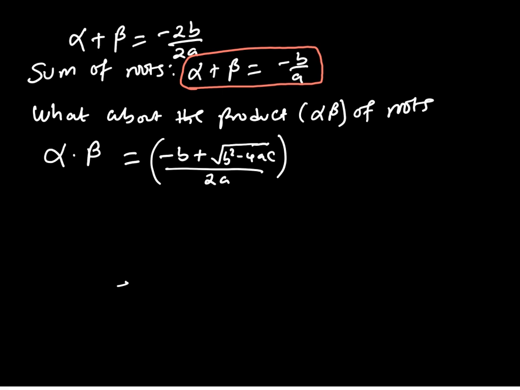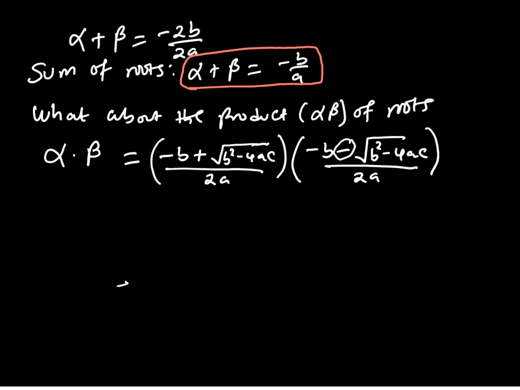And now we want to multiply this by minus b minus the square root of b squared minus 4ac divided by 2a. That's the product of roots. Now, the denominators are the same, and the numerators are also the same, except that one is a conjugate of the other, where here we have a minus sign.